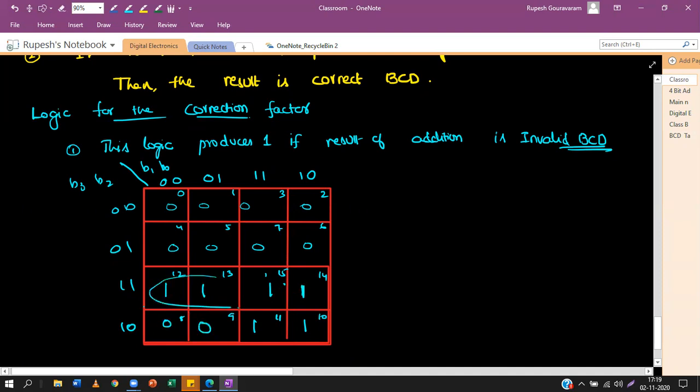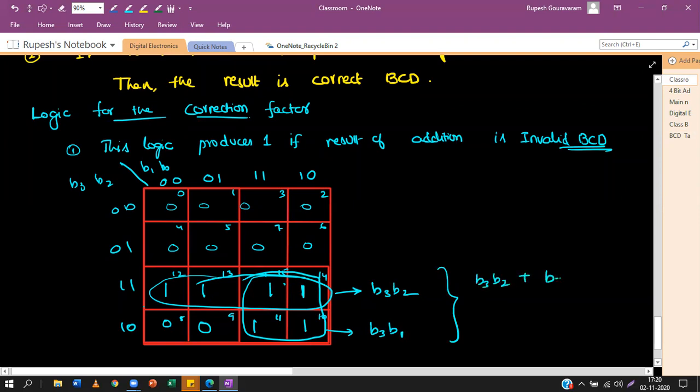Now if you simplify this K-map using the reduction, one group is specified as B3 B2, and the other as B3 B1. So the output is B3 B2 plus B3 B1.